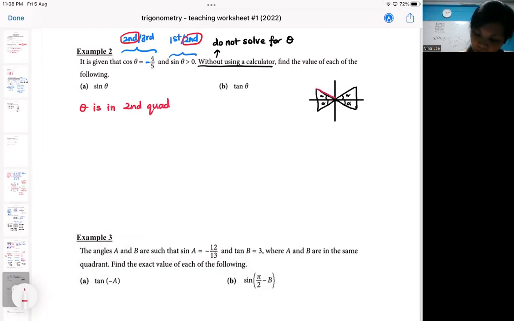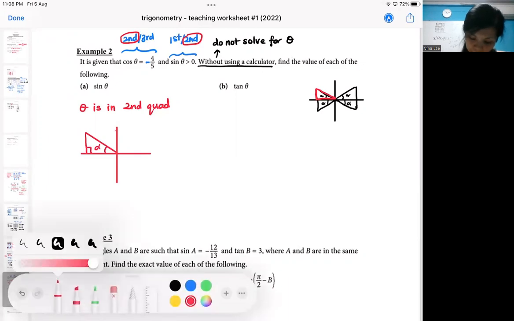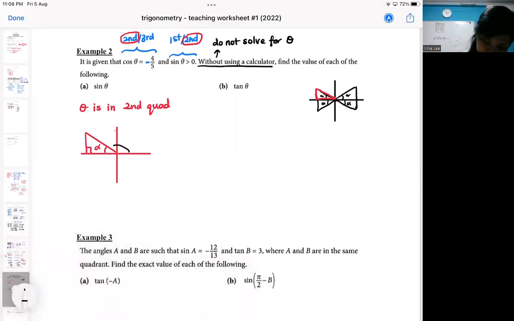So this is the triangle, because this is in the second quadrant. Your triangle will look like this. This is your alpha. This is not your theta. This is your theta, because your theta is in the second quadrant. So your theta is an obtuse angle.